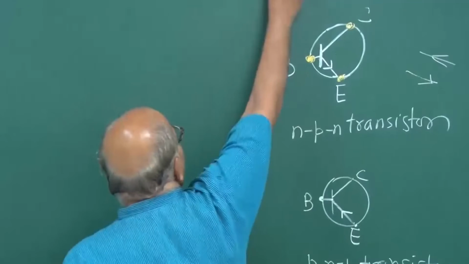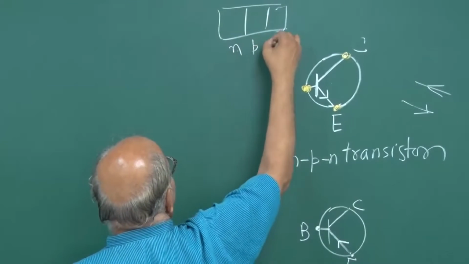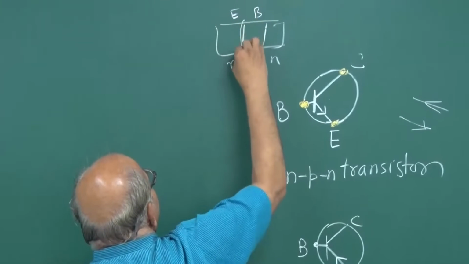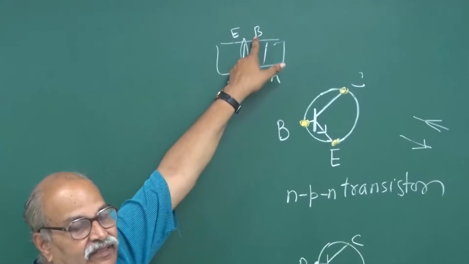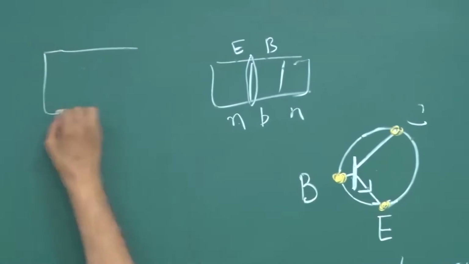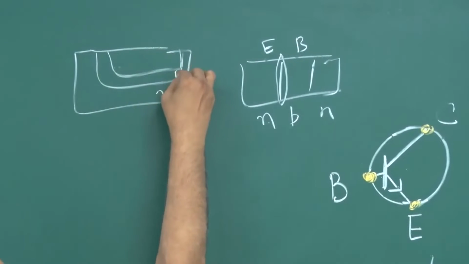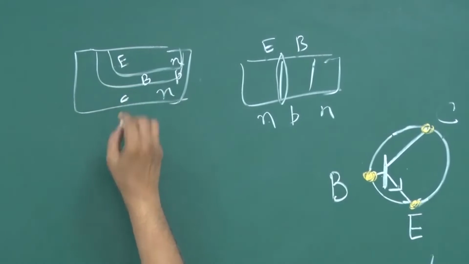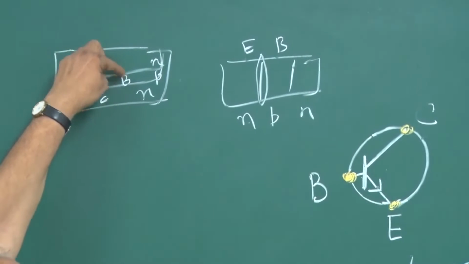If you think of this diagram, if this is P, this is N, this is P, this is N, and if this is base and this is emitter, then the PN junction here is between emitter and base. Or if you use this diagram, this is N, this is P, and this is N, and if this is base, this is emitter, and this is collector, then we are talking of this PN junction between emitter and base.